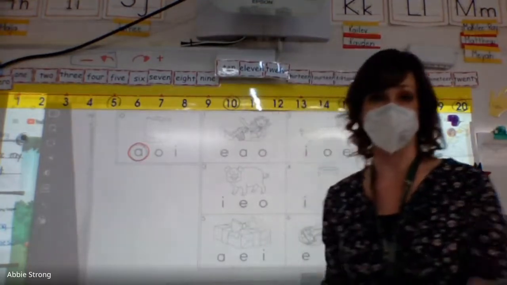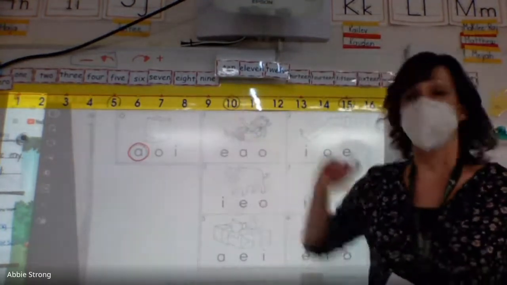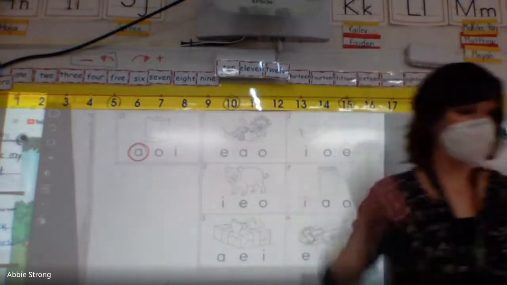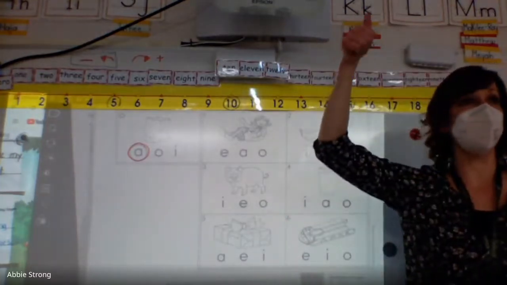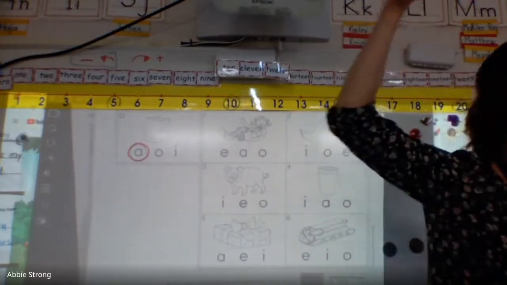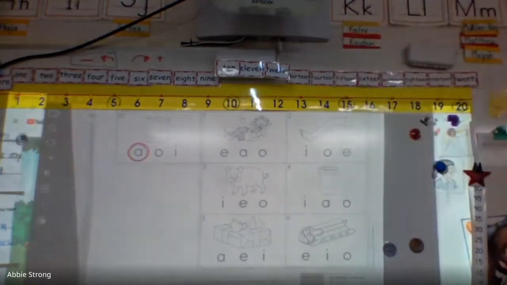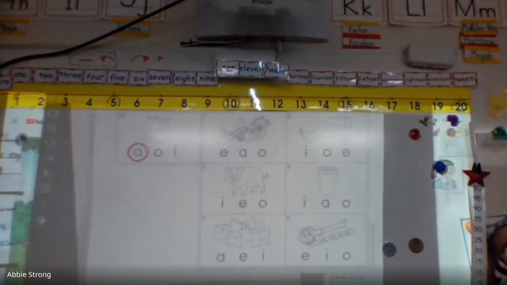B, A, G. At home, you're going to write the letter of the middle sound you hear. You have 3 choices there in each of these boxes. Okay? Look at number 1. Give me a silent signal if you are ready. Here's our picture. This is a picture of a doll. What letter makes the sound? You can't blurt it out.